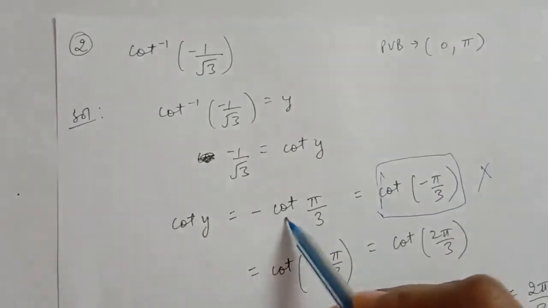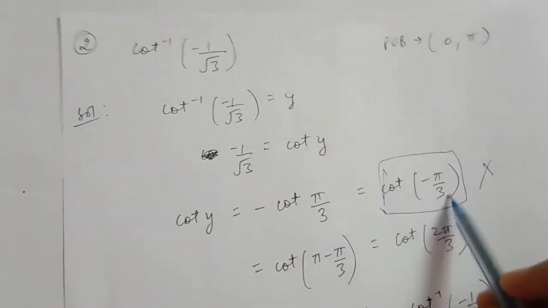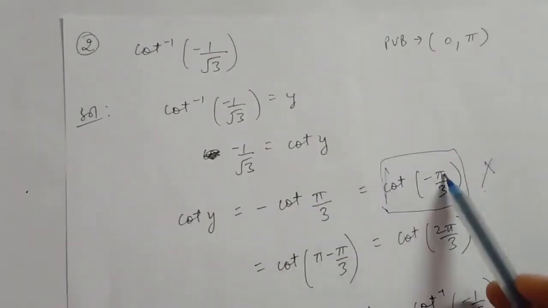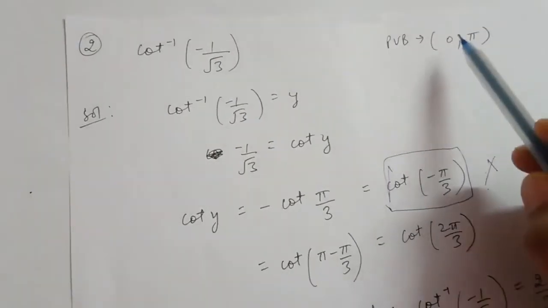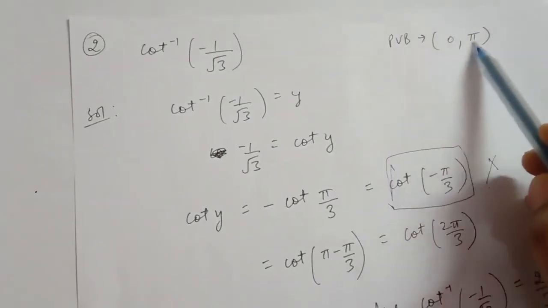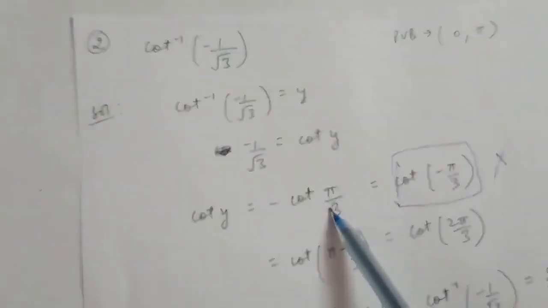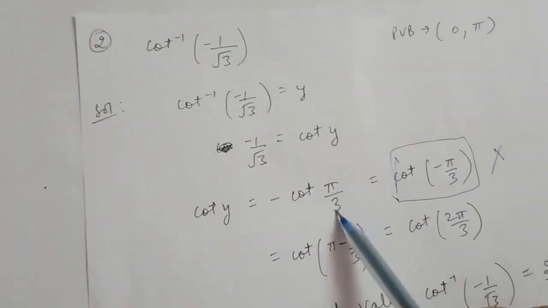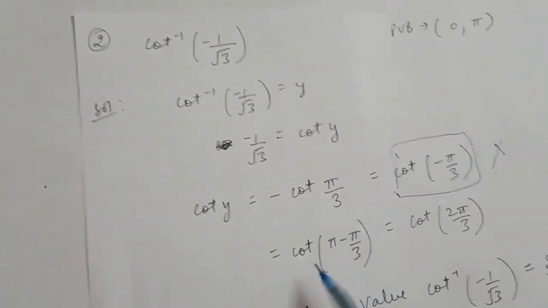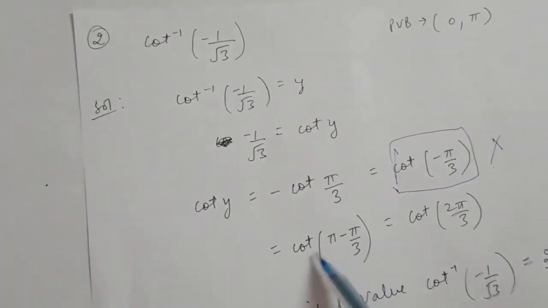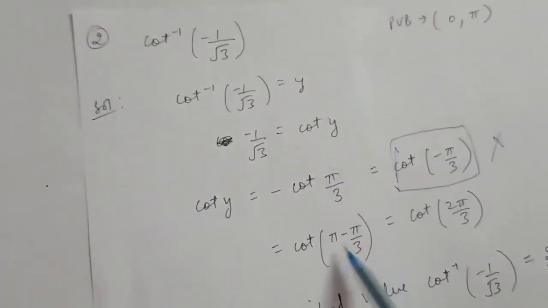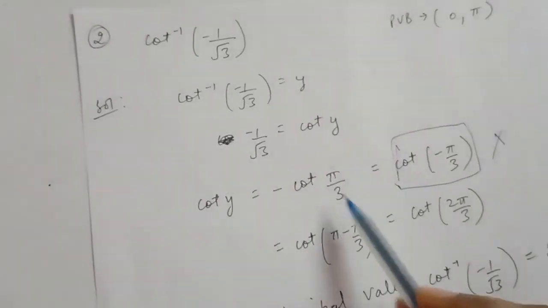Because if I write it like this, then y will be minus pi by 3, which I don't want, because y should lie in the range from 0 to pi. Therefore what we have to do is make changes in this angle. Now see, we can write it as cot of pi minus pi by 3. At pi, cot remains cot.